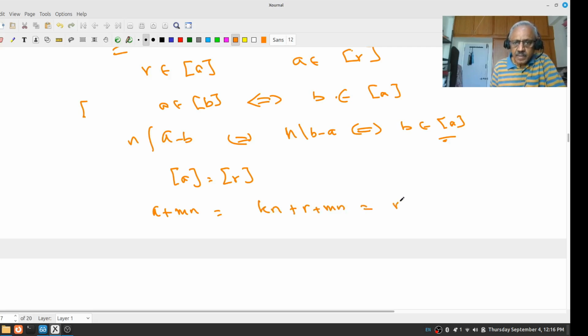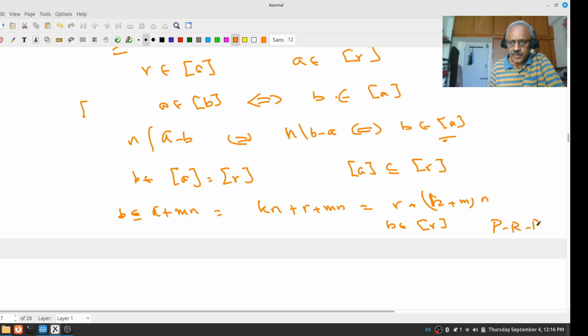Therefore, it is r plus k plus m times n, right? Therefore, if b is here, b is of this form, then what does this mean? b belongs to the equivalence class of r. You understand that? Therefore, the equivalence class of a is contained in the equivalence class of r.